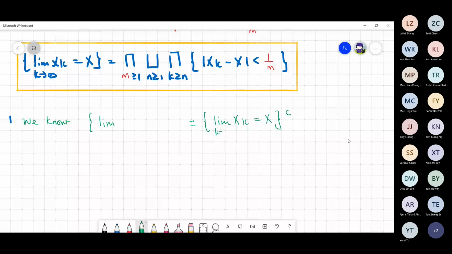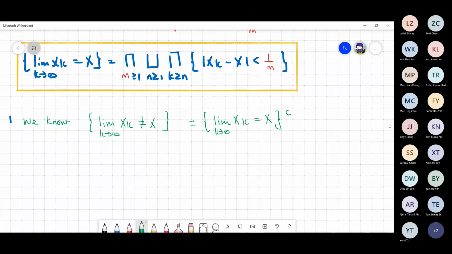The complement of limit xk equals x, this one is equal, so the complement will be not equal. So from here, we can see that the collection of all the outcome whereby the limit of xk(omega) is not equal to x(omega) is equal to the complement of that.